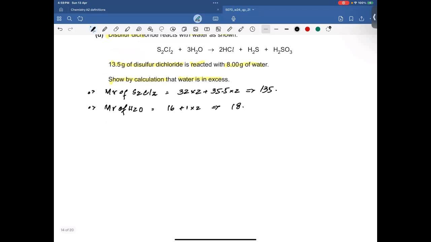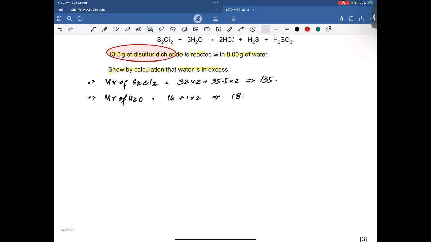We know the mass of disulfur dichloride, which means we can first of all find out the number of moles. So moles of S2Cl2, 13.5 divided by 135 ultimately is going to be 0.1 mole. Similarly, moles of water, because the mass of water is already given in the question.